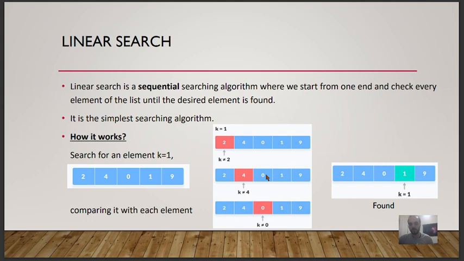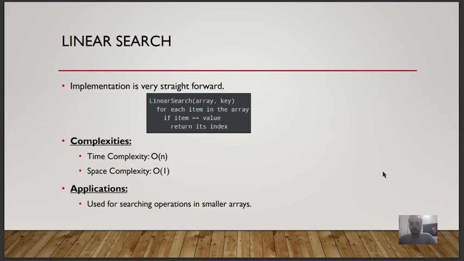So we go to the next item and the same: k is not equal to 0, 1 is not equal to 0. So we go to the next step and finally we stop at the fourth item, which is equal to our desired value.